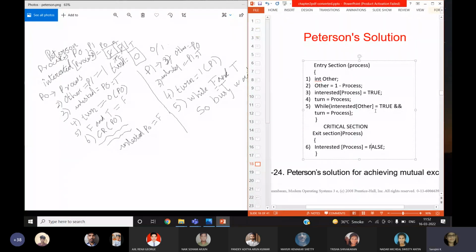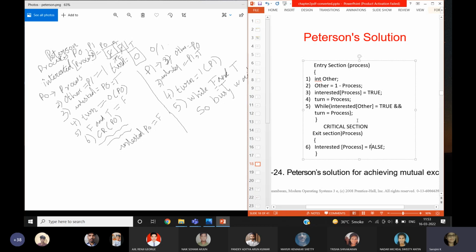So when it is true, the while loop is true. This is a busy wait while loop. It will not come to the next statement; it will spin inside the loop itself. Again it will come here and check both the variables, again and again.